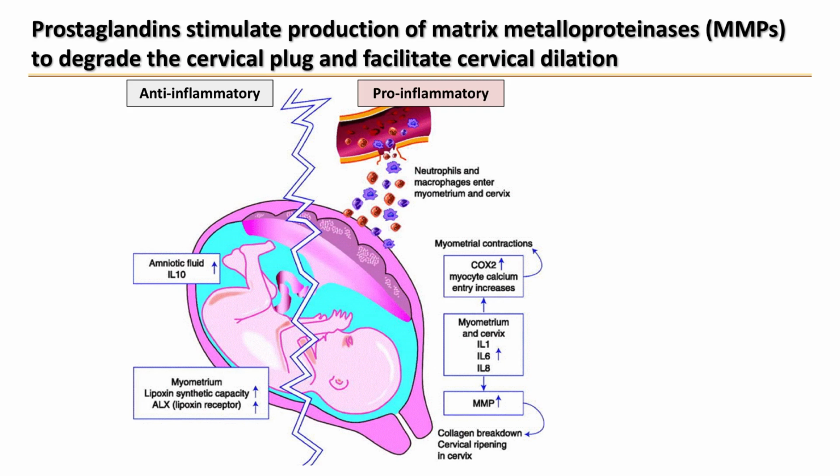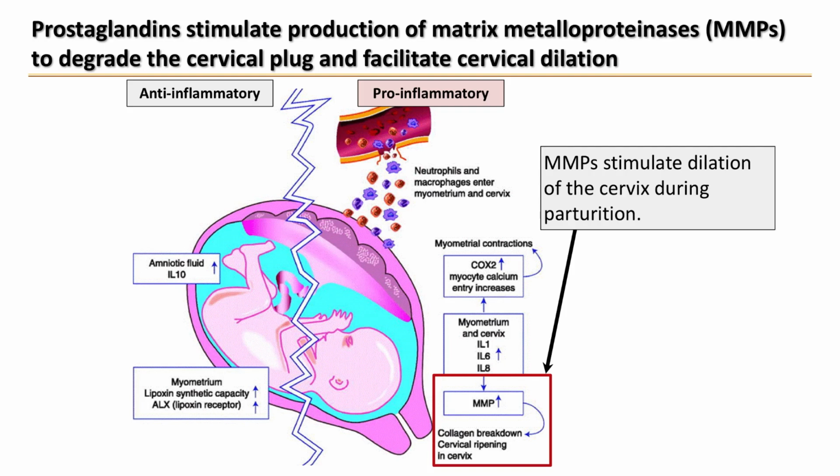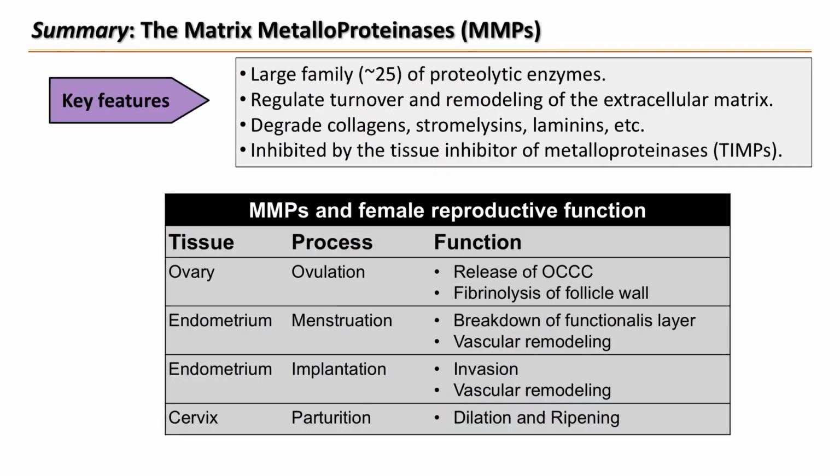This plug must be degraded and broken down before parturition can ensue. This is predominantly done through the actions of MMPs, whereby this plug, which is collagen rich, will be degraded. The MMPs are stimulated during parturition, which will allow the cervix to dilate.